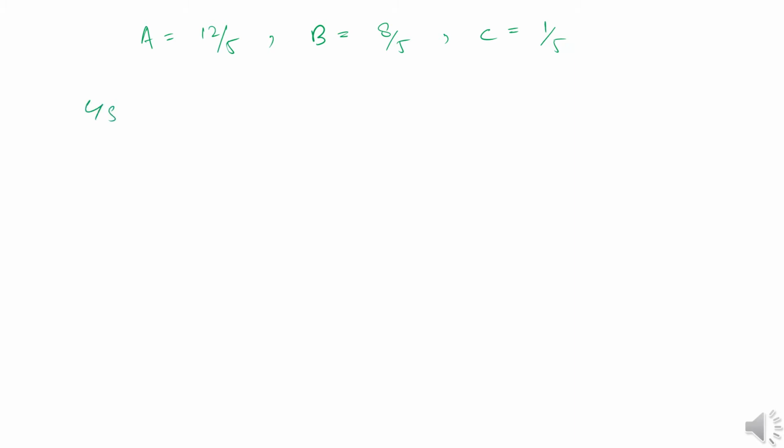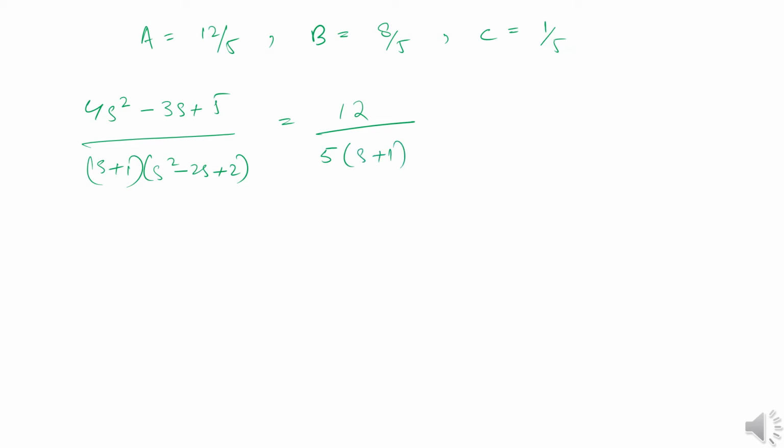Now the question will be converted into an easier form that I can solve using the properties of inverse transform. On the right hand side it will be 12 over 5 multiplied by 1 over (s plus 1), plus 8 over 5 multiplied by s divided by (s squared minus 2s plus 2), plus 1 over 5 multiplied by 1 over (s squared minus 2s plus 2).